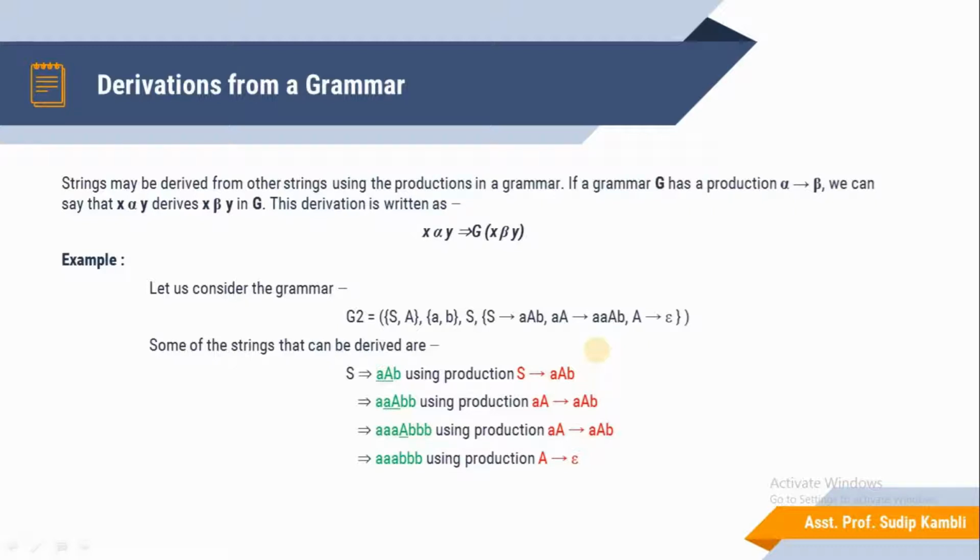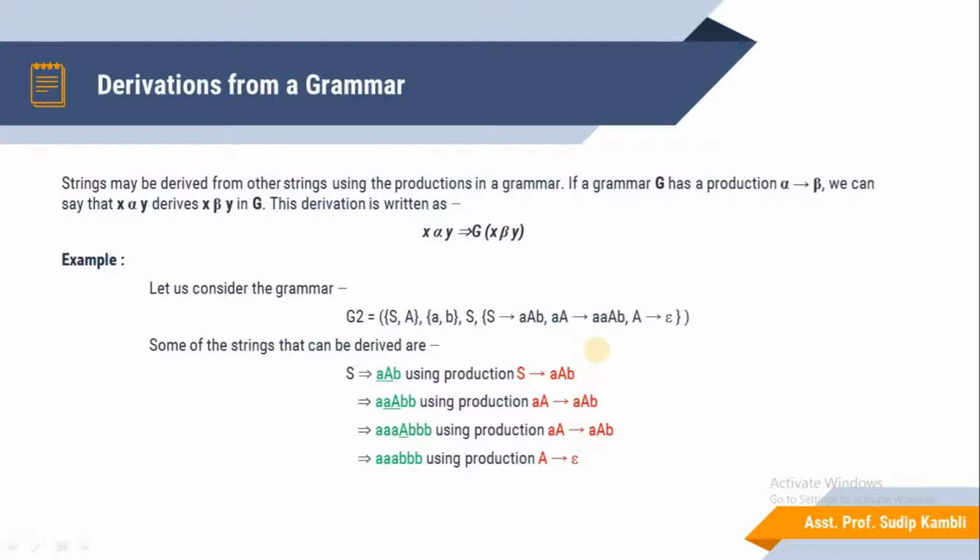So here, capital A is a non-terminal symbol. To reduce that non-terminal symbol using the production rules, the third rule is A derives epsilon. So here we apply that production rule. Capital A, a non-terminal symbol, is replaced by epsilon, meaning the null string.